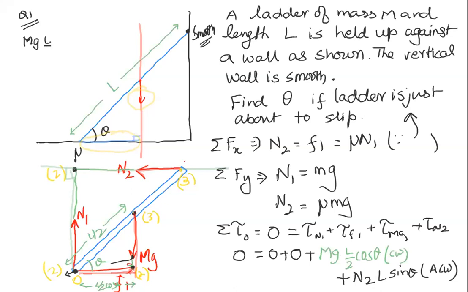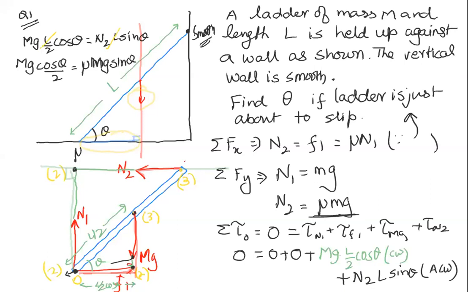Mg L by 2 cosine theta is equal to N2 L sin theta, out of which we can readily see that L has cancelled out, and we can write mg cosine theta by 2 is equal to N2 की वैल्यू हमें पहले से पता है, mu mg into sin theta.